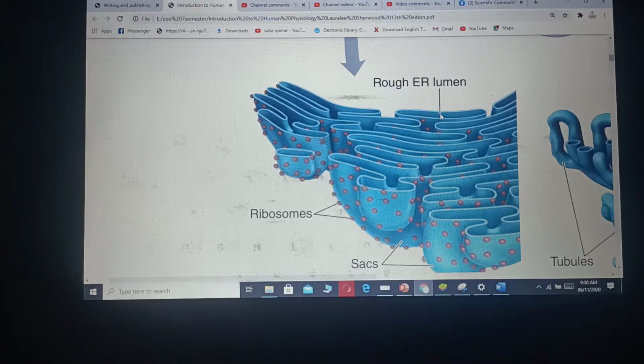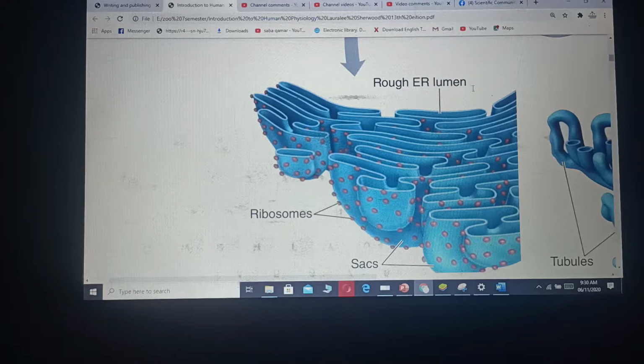Inside the lumen of the endoplasmic reticulum, the proteins that are synthesized at the ribosome get entry into the lumen, and in the lumen they get different kinds of modifications, such as getting their final 3D structure.